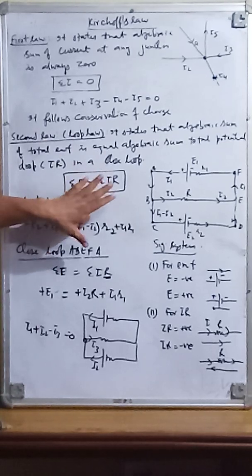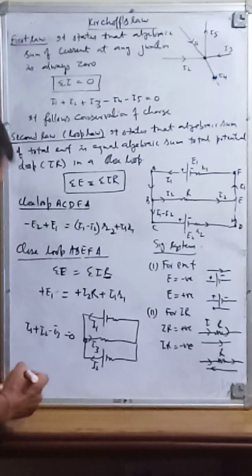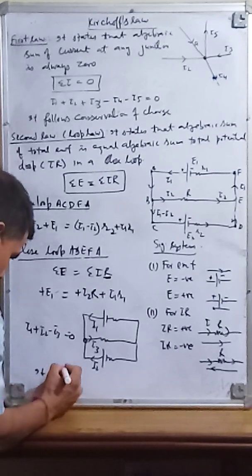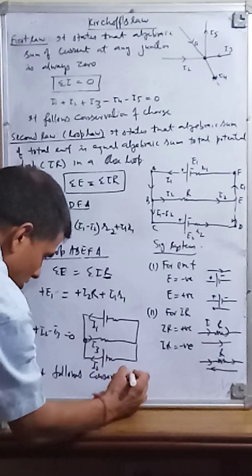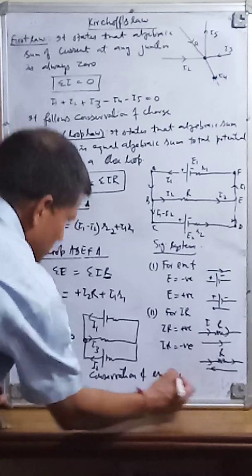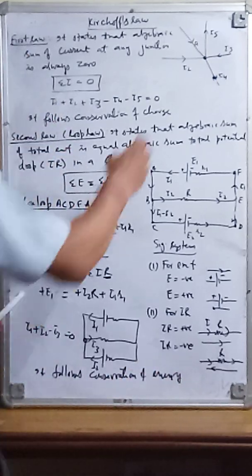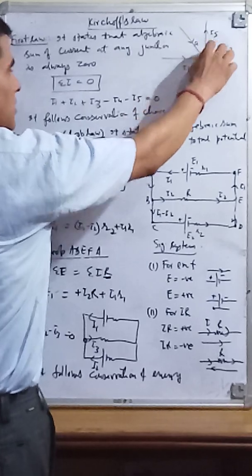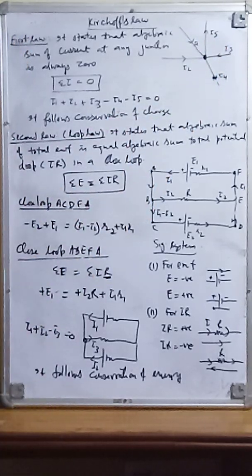And the second law follows the conservation of energy. It is a very important point: conservation of energy. This follows conservation of charge, and this follows conservation of energy. Why conservation of charge? It means whatever charge comes to the junction, the same charge leaves. Current means charge is neither created nor destroyed.